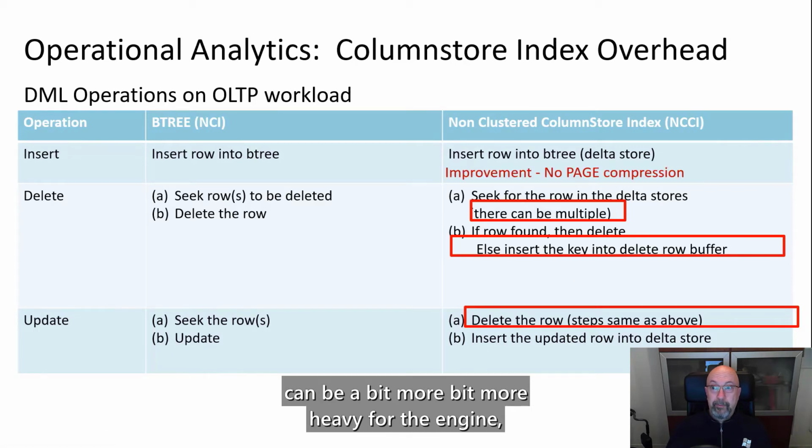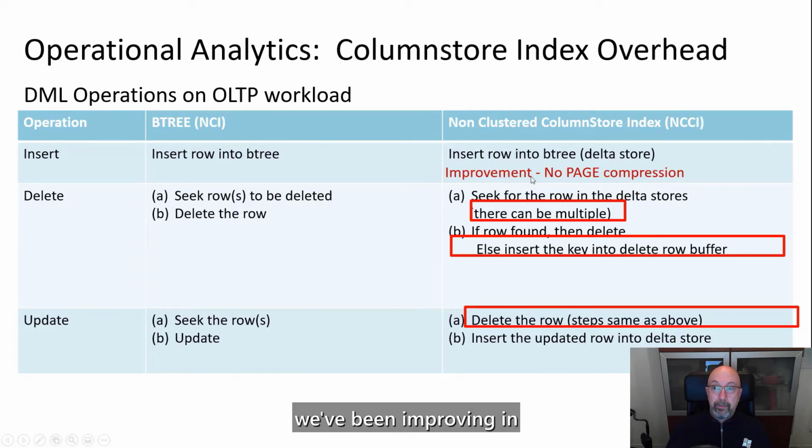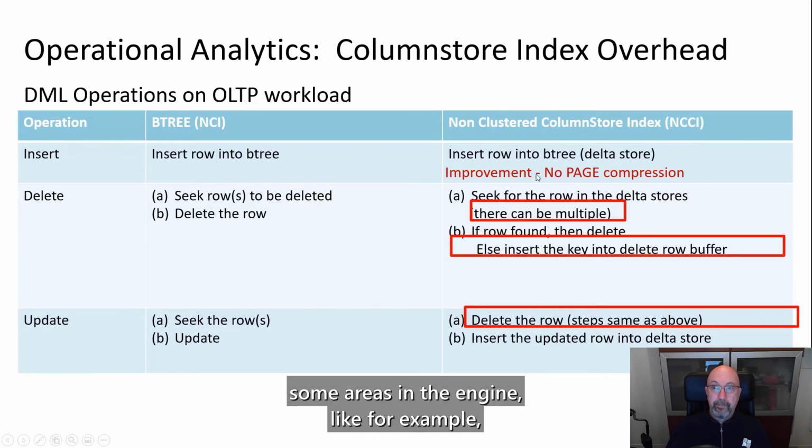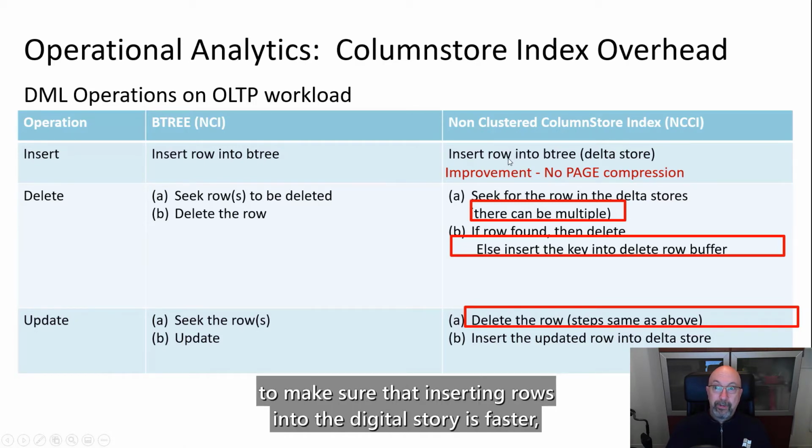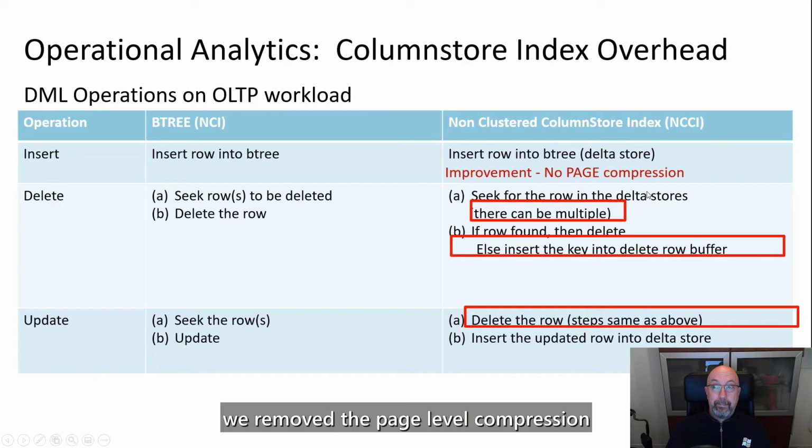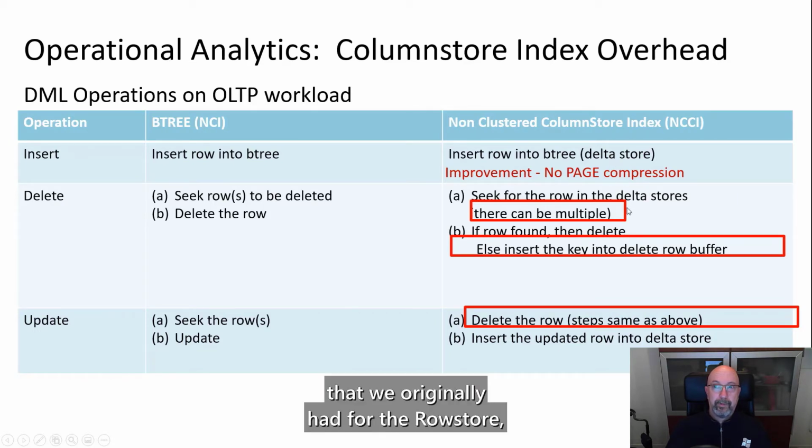So in order to minimize these operations that can be a bit heavy for the engine, we've been improving the engine in some areas. For example, to make sure that inserting rows into the delta store is faster, we removed the page level compression that we originally had for the row store.